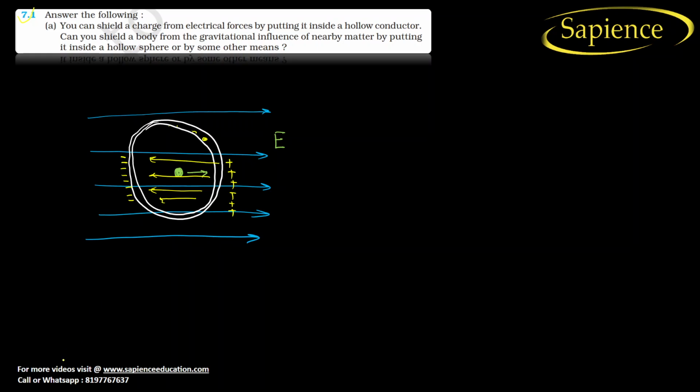So what happens when the electric field is being created? See here, earlier the electric field is from outside, that is in blue color, and due to the shielding, an opposite electric field is being created. So the net electric field inside the sphere will be equal to 0.